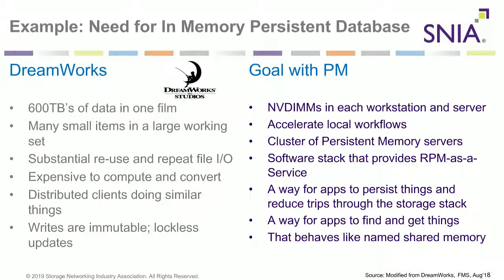Here are some examples. I'm going to run through this. This is actually a real customer using NVDIMM persistent memory to accelerate their solution. DreamWorks. They have 600 terabytes of data on one film.